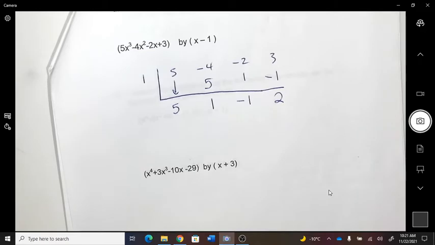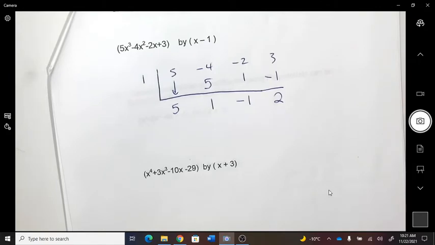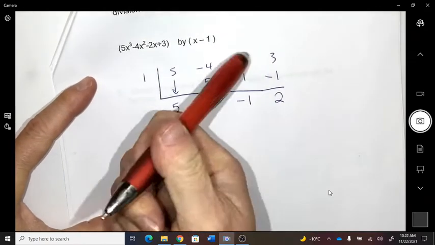What if I ask you questions like, is this divisible by x minus 1? What would you say, yes or no? No. Why not? There's a remainder of 2. Okay, so write a division statement.